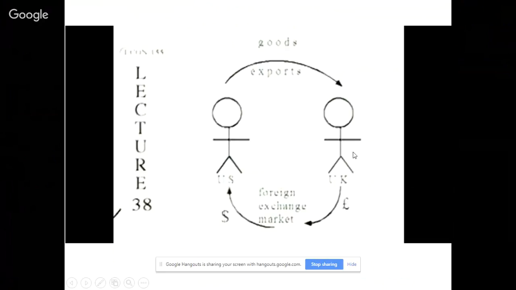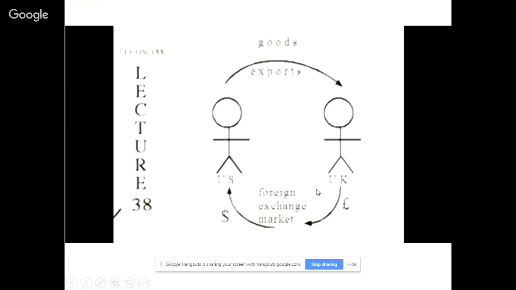But remember, if we are selling to the UK, the UK needs to exchange that money, I mean the currency, which is the pound, into the USD, the American dollar. They need to go to the foreign exchange market to exchange pounds for USD. The United States will receive USD in exchange, not pounds, because they don't need pounds, they need American dollars.